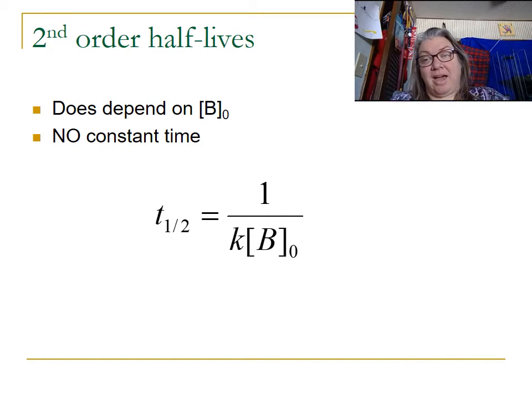And then the next half-life is even slower than that. There's no constant time on this. This one, we have an equation. Just make sure to write down that equation and make a note that this is for your second order half-lives. It would tell you, hey, you have a second order reaction, what's the half-life, or what happens in this particular case?